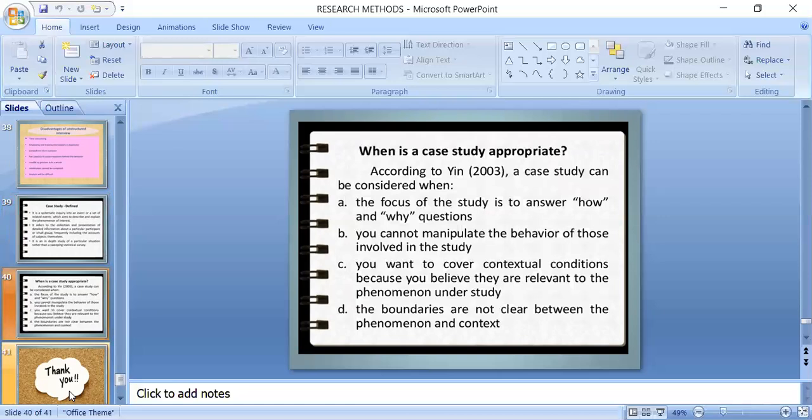According to Yin 2003, a case study can be considered when the focus of the study is to answer how and why questions. You cannot manipulate the behavior of those involved in the study. You want to cover contextual conditions because you believe they are relevant to the phenomena under study. The boundaries are not clear between the phenomena and context.